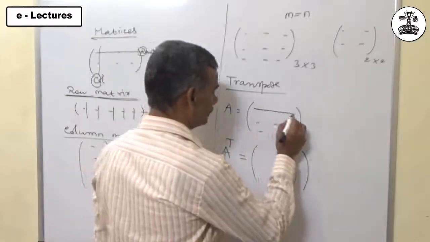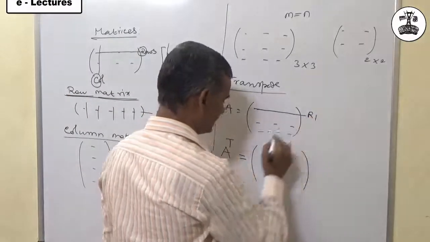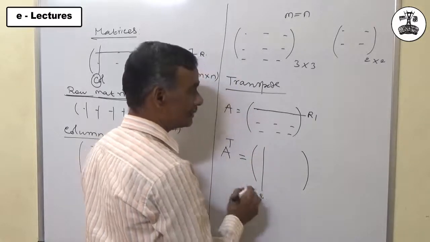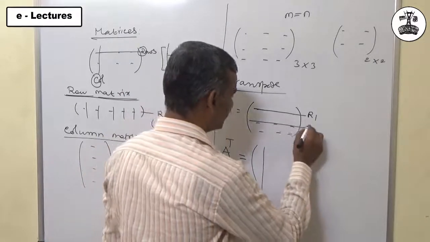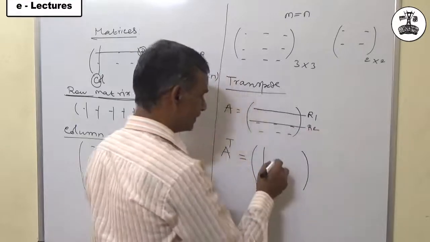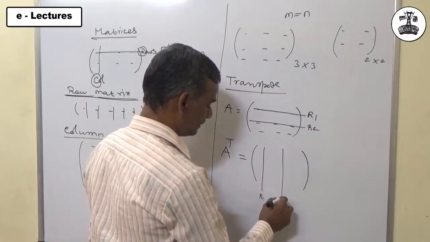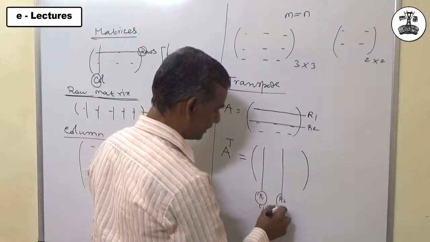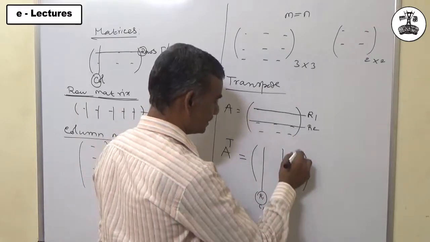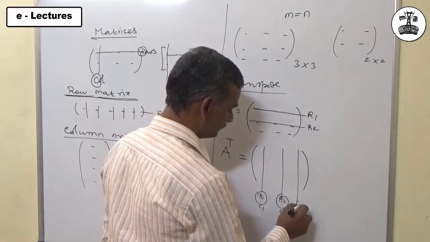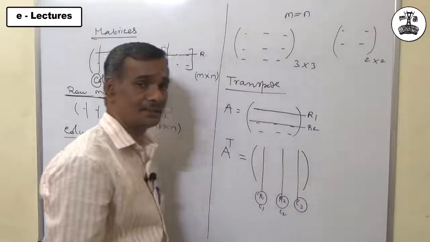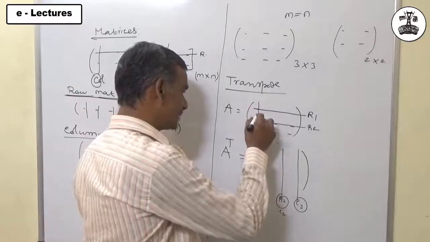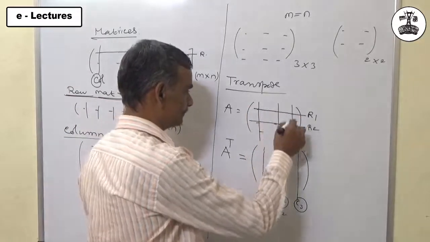The first row is written as here. The second row R2 is denoted as, this is column 1, this is column 2, this is column 3. The rows are interchanged into columns or the columns are interchanged into rows.